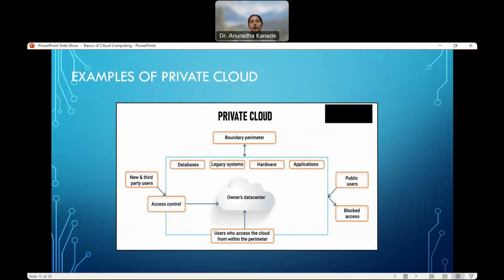The public users who are not part of this cloud cannot access these resources. They can have blocked access. So authenticity and identity should be validated if we want to provide access to the services.